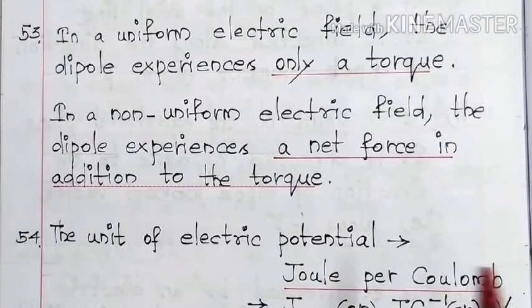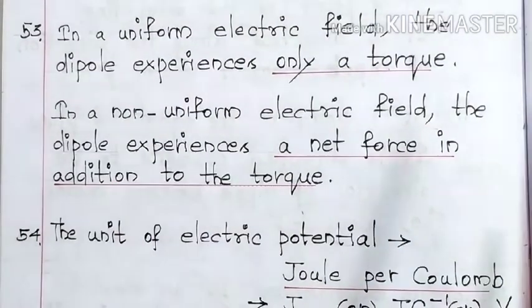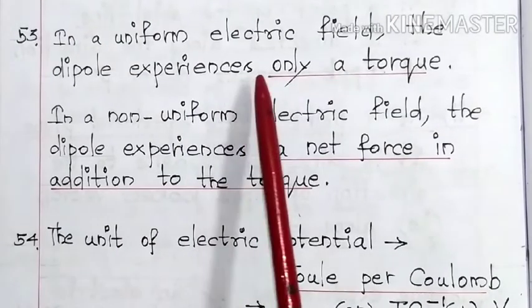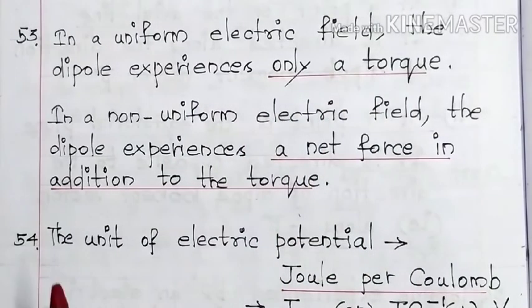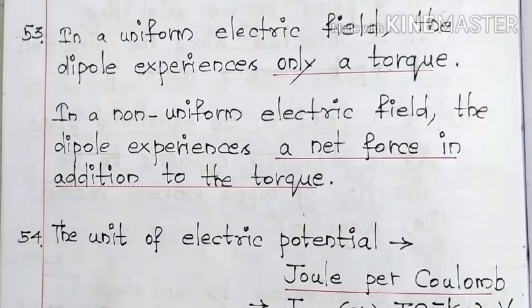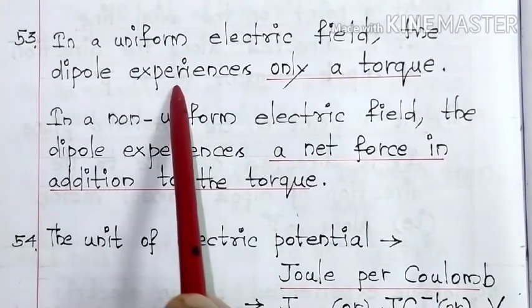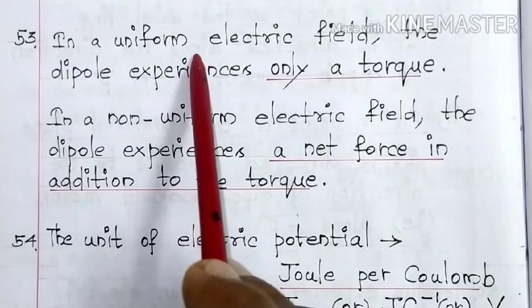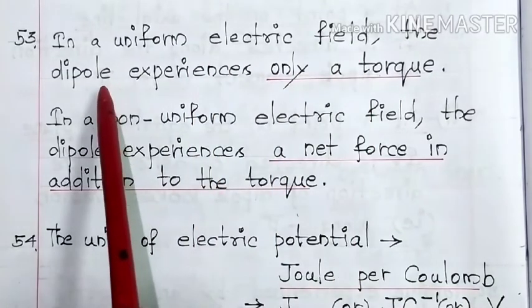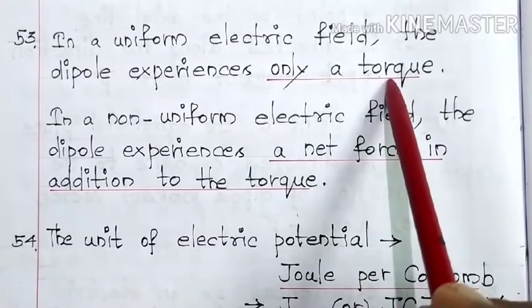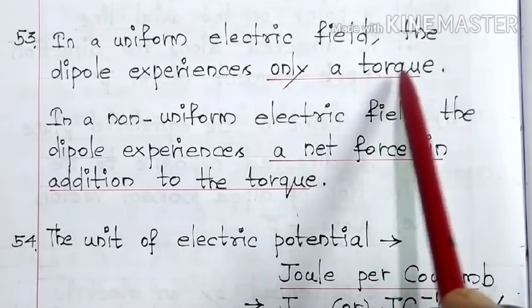Next one. In a uniform electric field, the dipole experiences only a torque. That is, when the dipole is placed in a uniform electric field, the dipole experiences only a rotating force called torque.